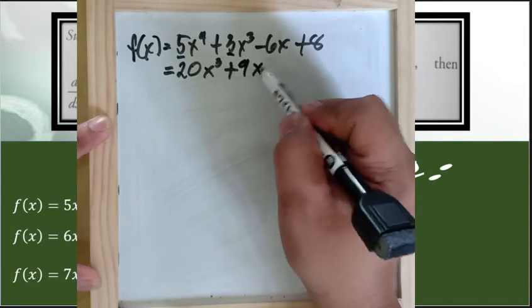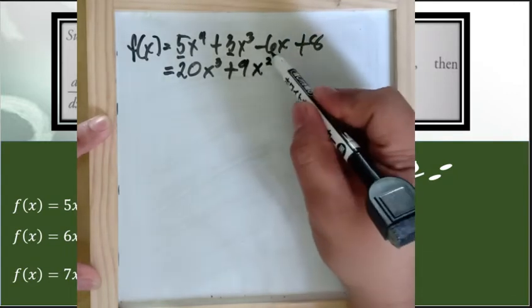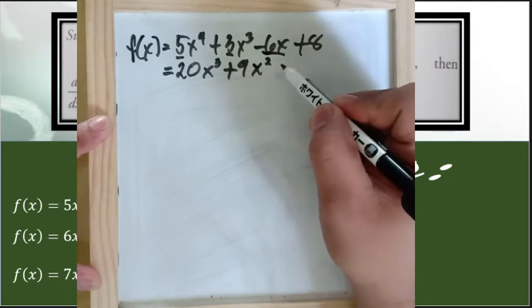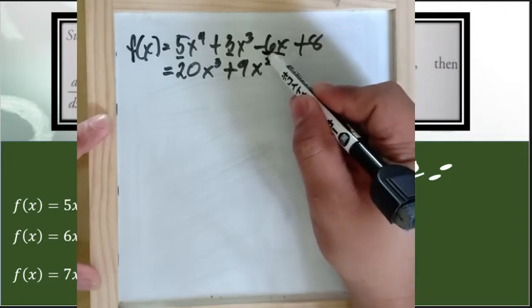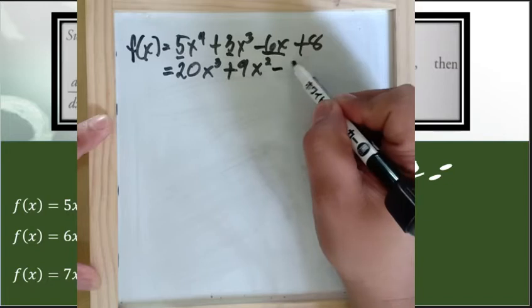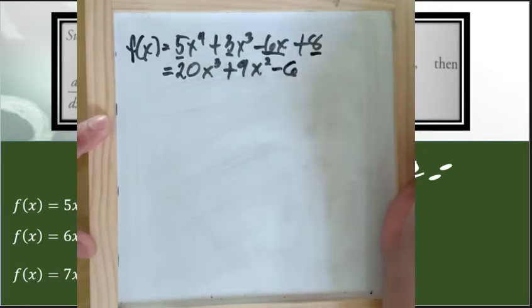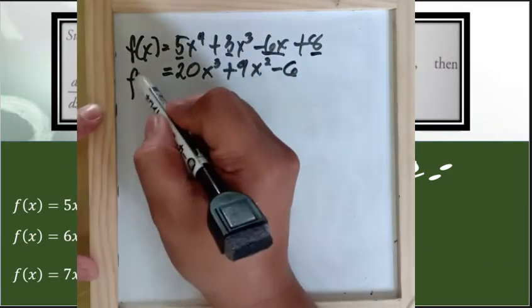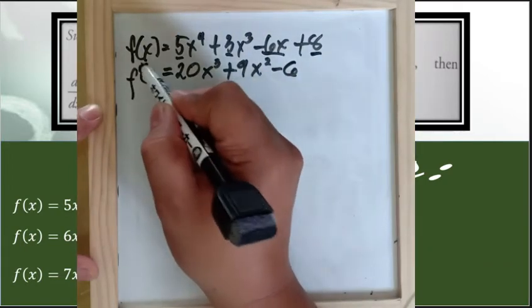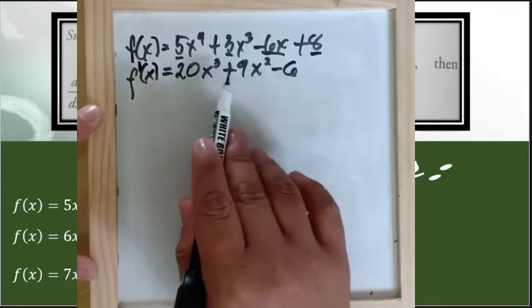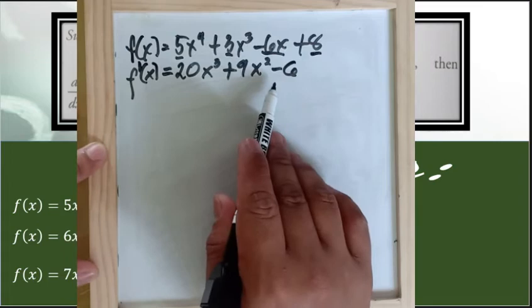Subtract 1 from the exponent, that's 2. In the constant multiple rule, the derivative of 6x would be 6, and the derivative of a constant is 0. So there's no need for you to write 0 there. Therefore, your derivative, f prime of x, is equal to 20x cubed plus 9x squared minus 6.